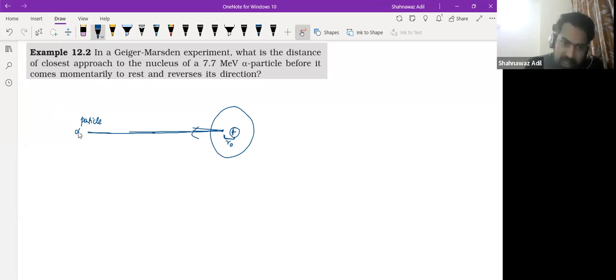All the kinetic energy of this alpha particle changes to what? Let us discuss this first. What happens to the kinetic energy of this alpha particle?